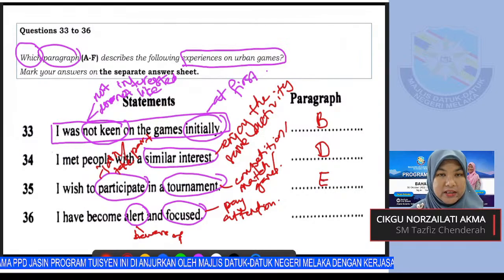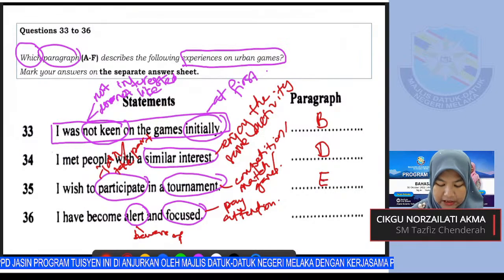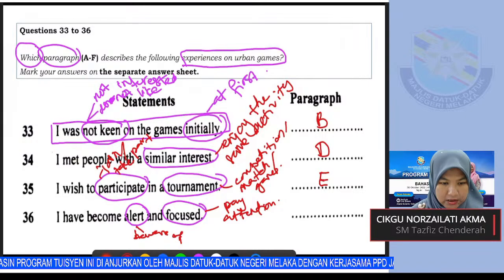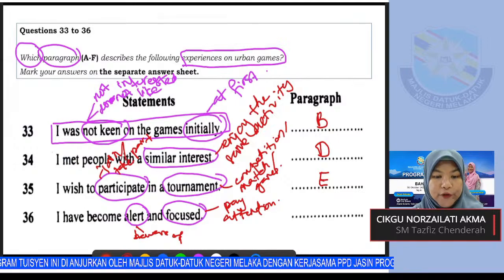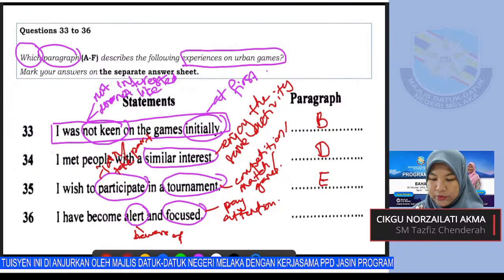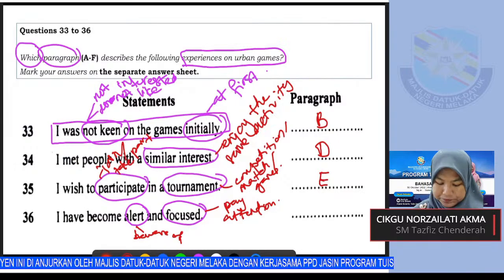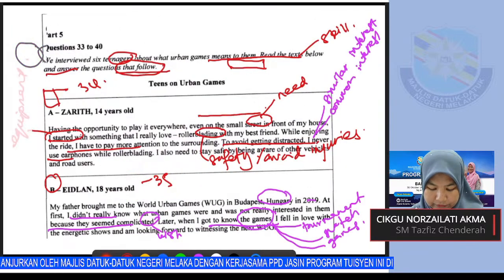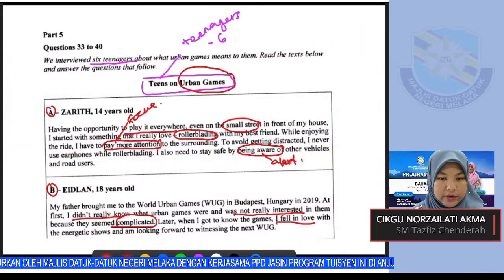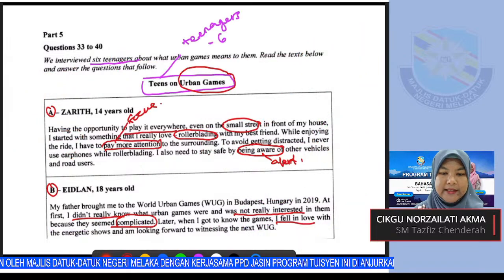And question 36, I have become alert and focused. Alert, a similar phrase would be beware of. Focus means that you need to pay attention. Okay, let's look at here. Wait for a while. Yes, here.